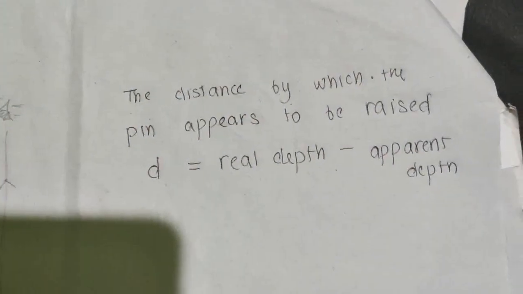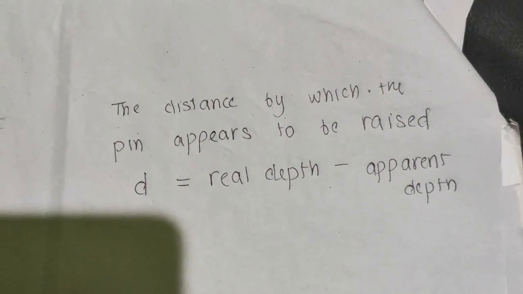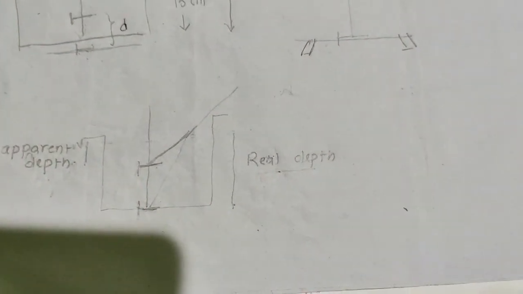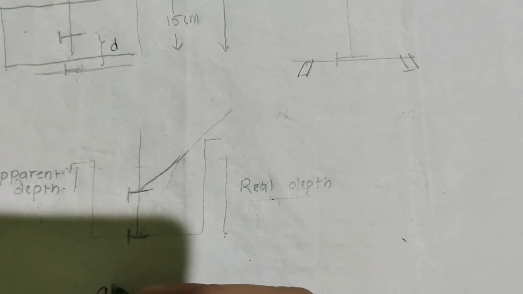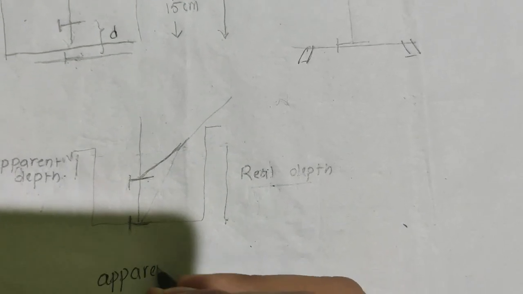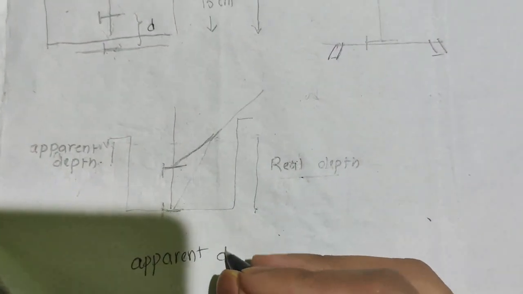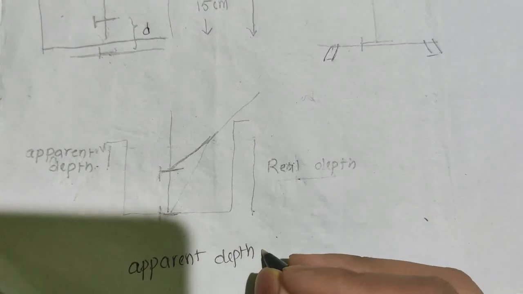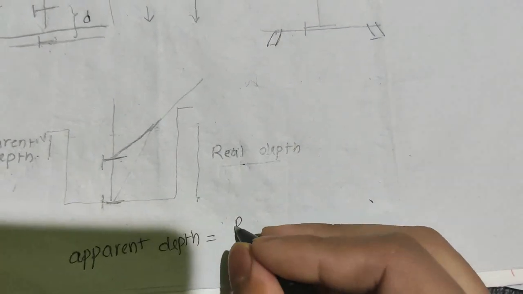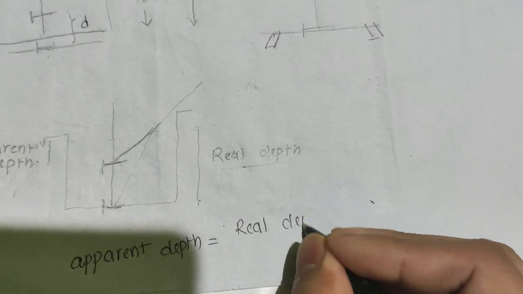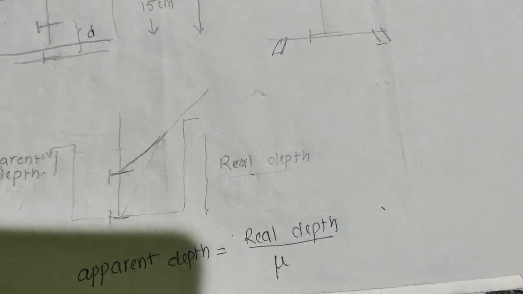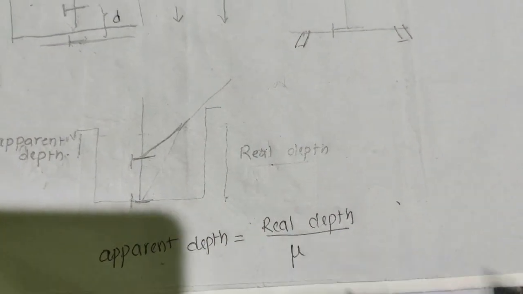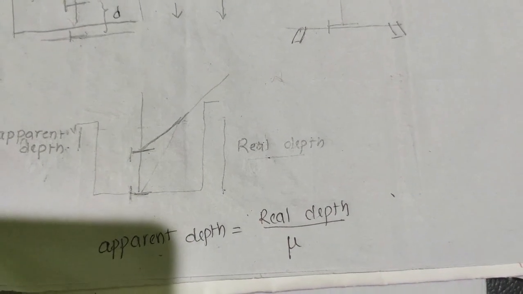Now from our practical applications of refraction, we remember the formula. What was the formula? We know that our apparent depth can be written as real depth divided by the refractive index mu. This is the formula which we had derived in the practical application of refraction.